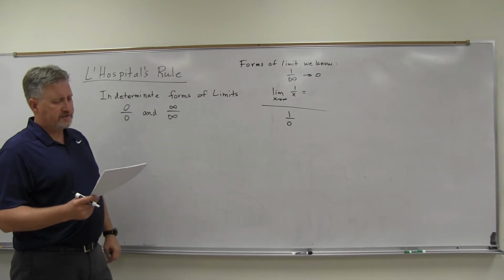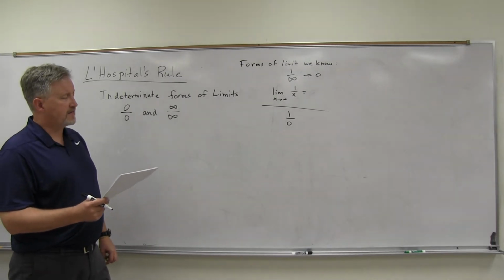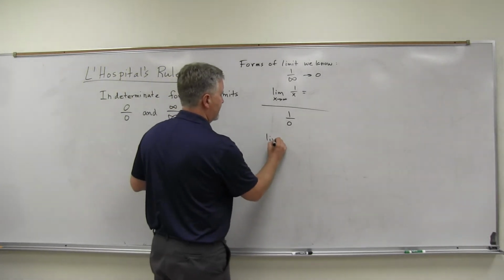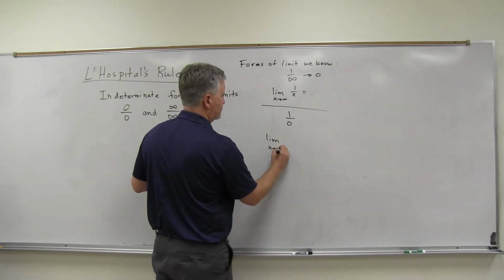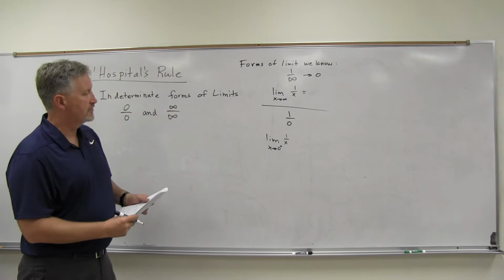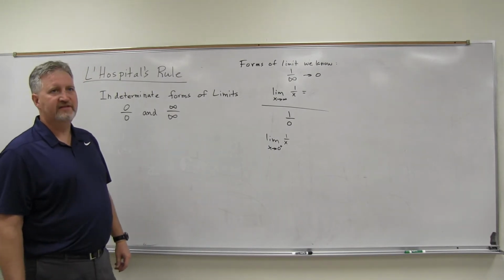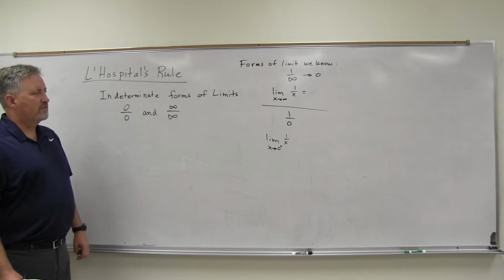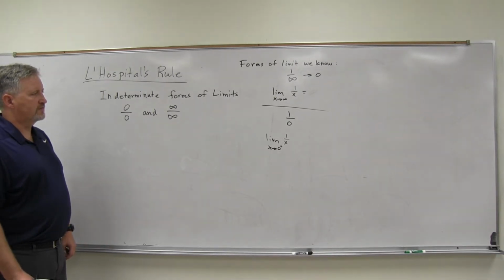Well, a good example of that is this. So you've got the limit as x goes to 0 from the right of 1 over x.